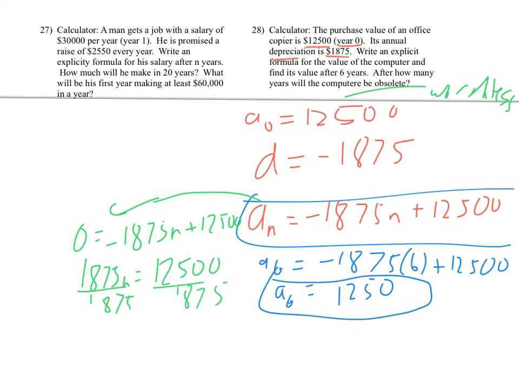I'll use our calculator for that. And that is 6.67 years. And so it's going to be somewhere during the 6th year, in between the 6th and the 7th year, it's going to be worth 0, according to this formula.